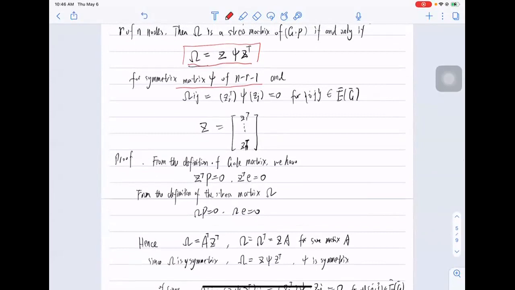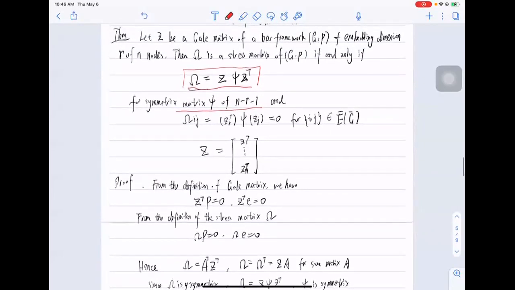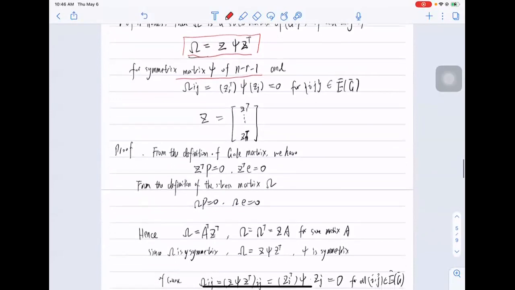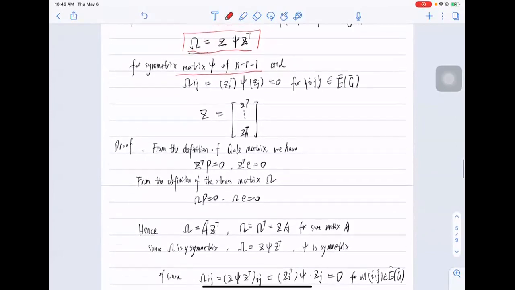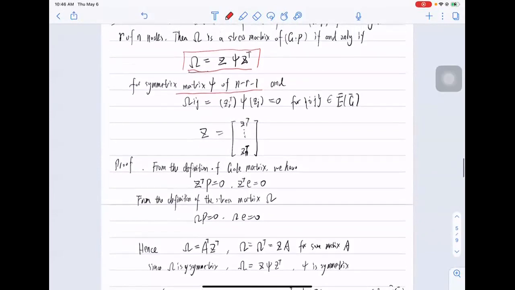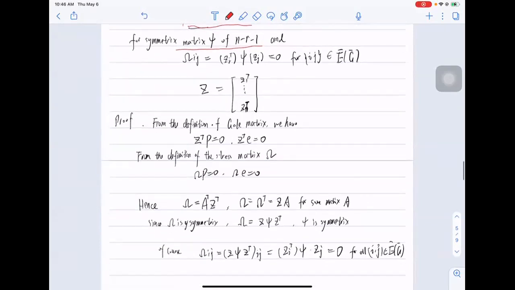So suppose, from the definition of the Gale matrix, we have Z transpose times P equals 0 and Z transpose times E equals 0, and from the definition of the stress matrix, omega P is 0 and omega E is 0. So you compare these two.